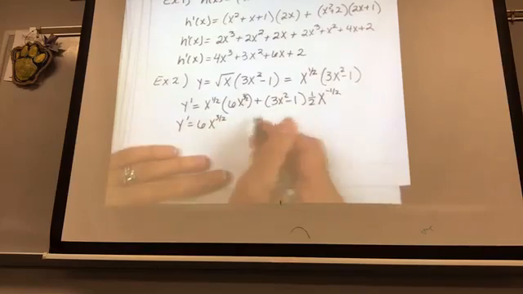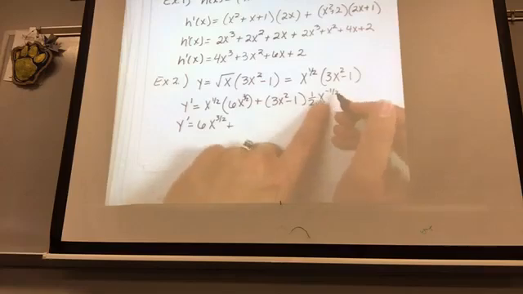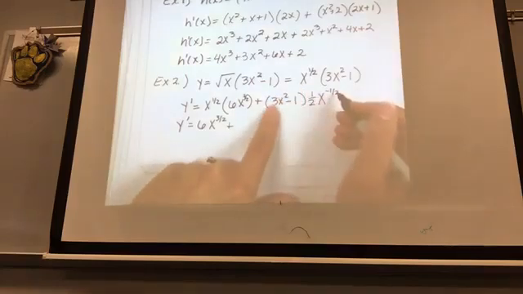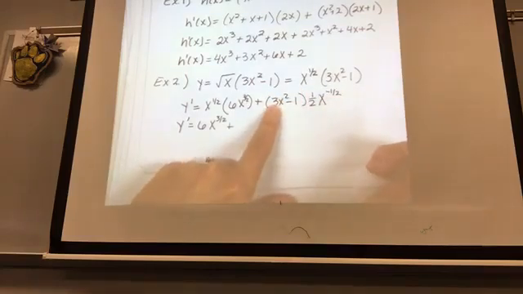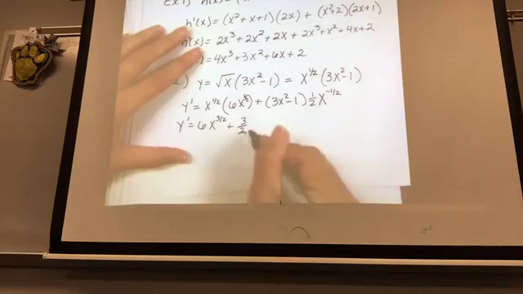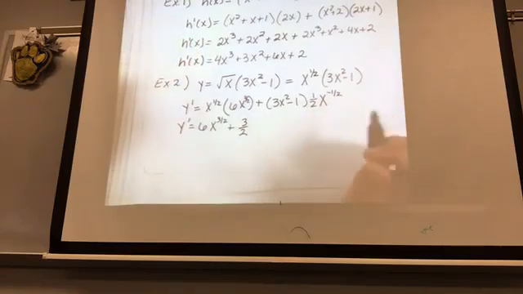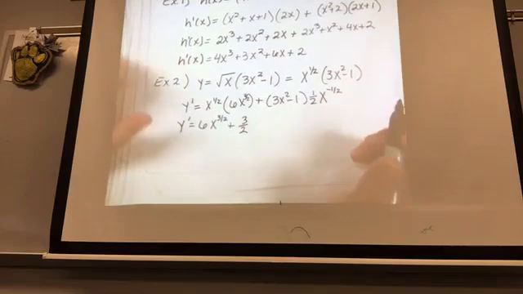Now moving to the next one, plus distribute 1/2 x to the negative 1/2 to 3x squared. So 1/2 times 3 is 3/2. X squared times x to the negative 1/2.